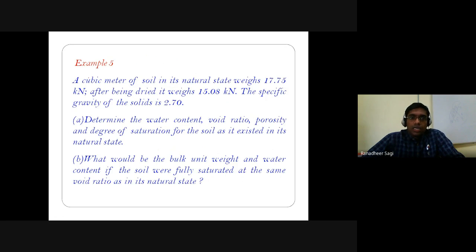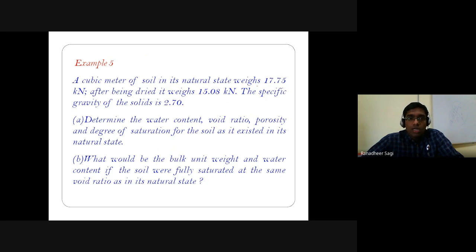It is said that a cubic meter of soil, that means the volume of the soil we are looking at is 1 meter cube, in its natural state weighs 17.75 kilonewton. So within that volume of 1 cubic meter, the weight of the soil is 17.75 kilonewton.